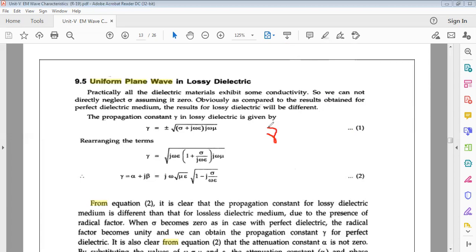Okay. So gamma is equal to the square root of j omega mu into sigma plus j omega epsilon. In the parentheses, we can take j omega epsilon common.